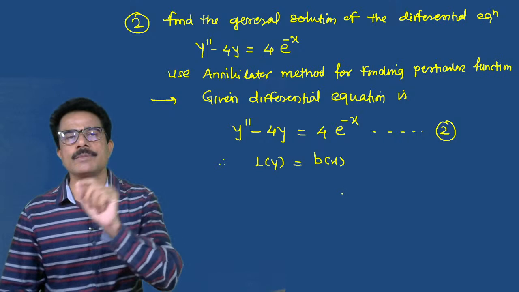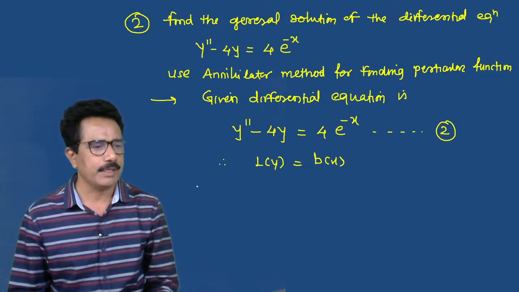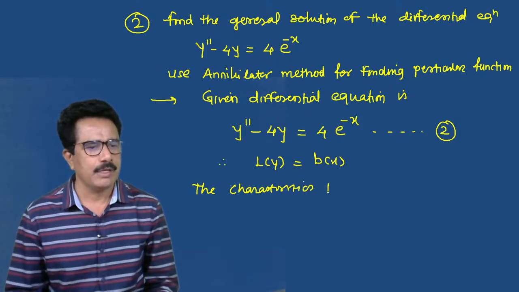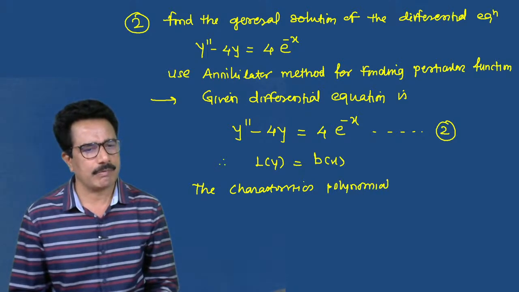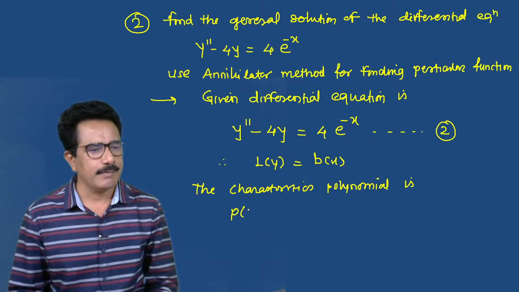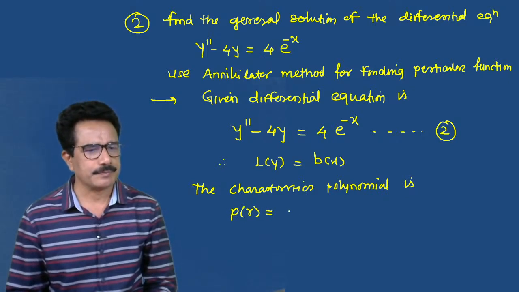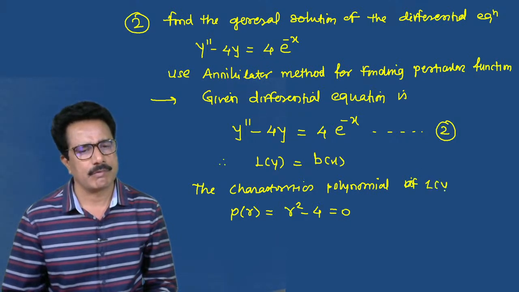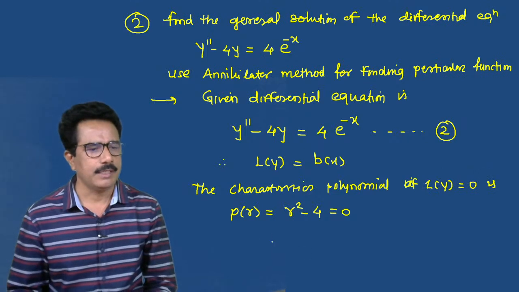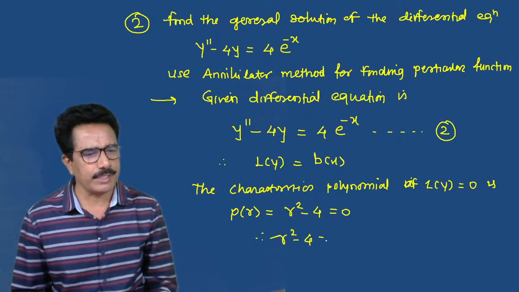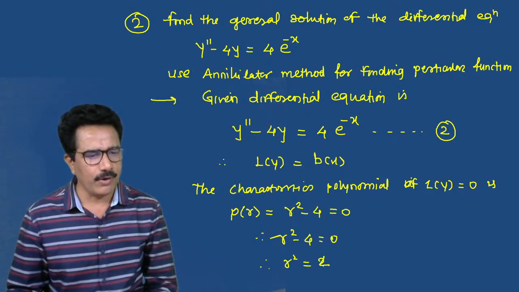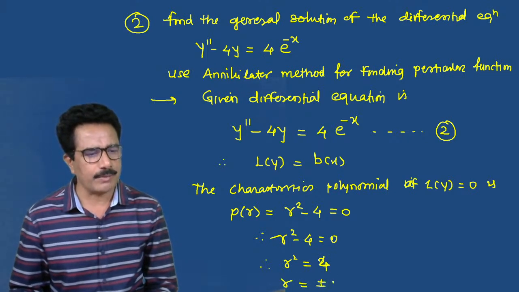Now tell me its characteristic roots; you have to tell the roots of the characteristic polynomial. The characteristic polynomial is P of R is equal to R square minus 4 which is equal to 0, so R square is equal to 4, so R is equal to plus or minus 2.